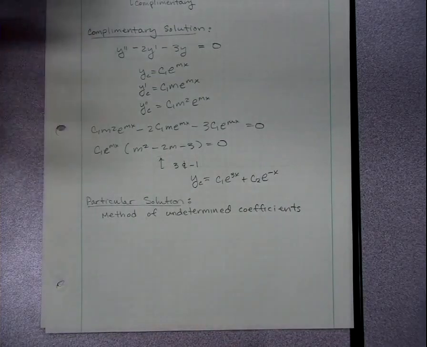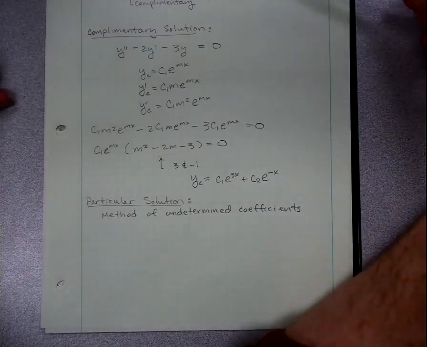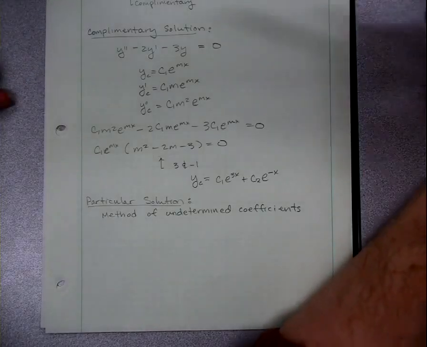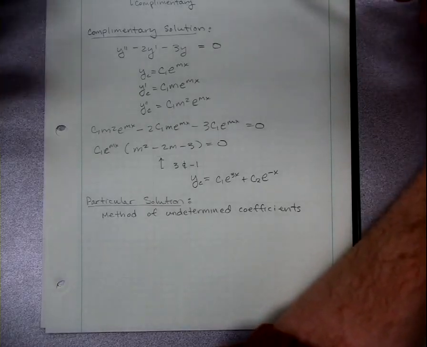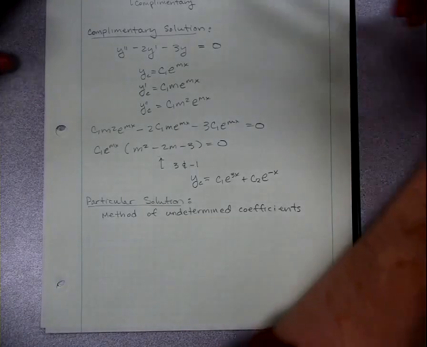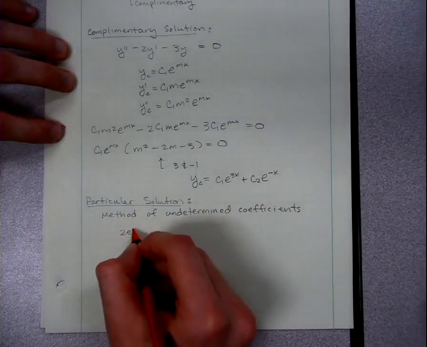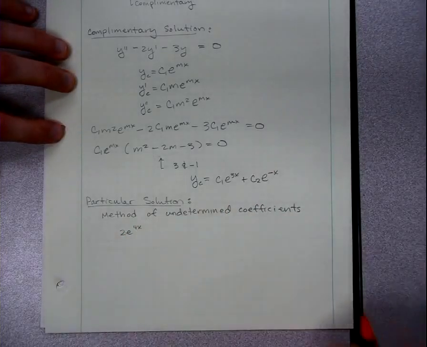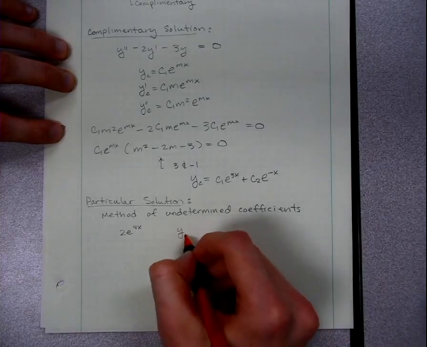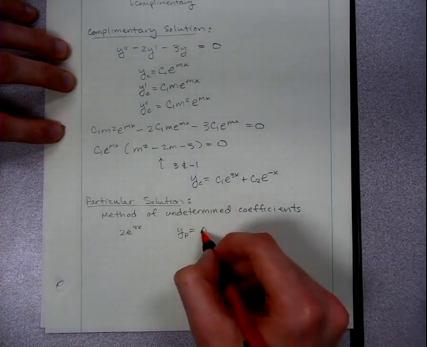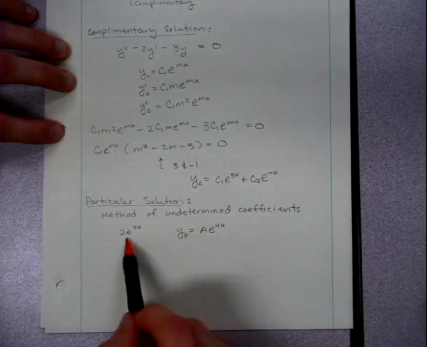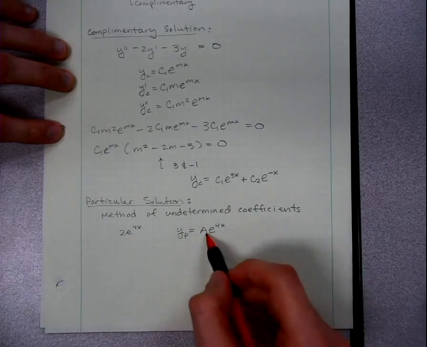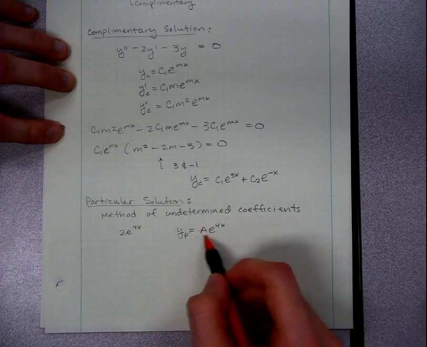Basically what you do for that is you just kind of guess what the function is going to look like for this side. In our case, we have 2e to the 4x. So let's guess that our particular solution has the form a e to the 4x, because it is very similar to this, and all we need to do is solve for the value a.